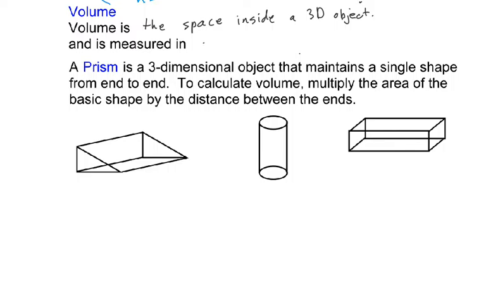And it's measured in centimeters cubed, meters cubed, feet cubed, etc.